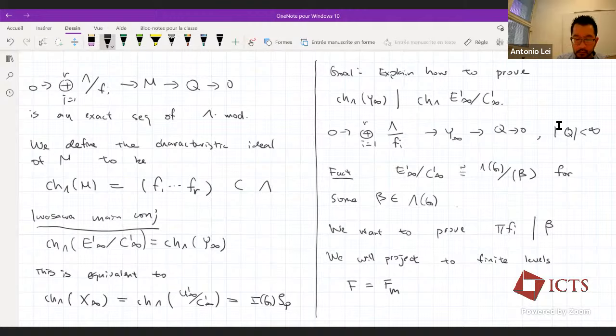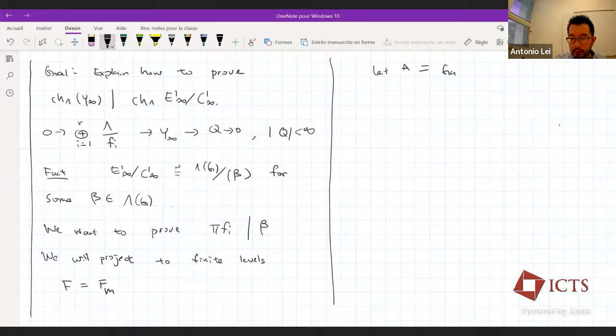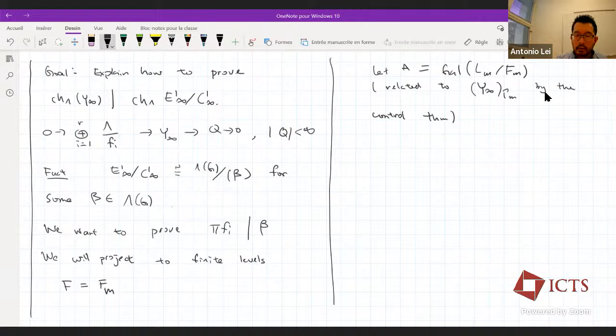Okay, and then I'll introduce a few more notations. We'll let A be the Galois group of LM over FM. So this will be related to Y infinity, gamma M co-invariant. So this is by the control theorem. Right.